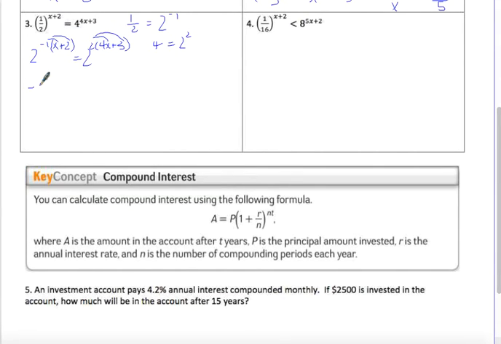So we have negative x minus 2 equals 8x plus 3. Then again from here it is pretty straightforward. Subtract 3, we get negative 5 equals 9x. So x equals negative 5 ninths.